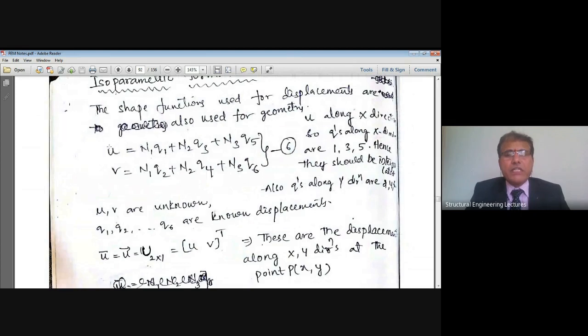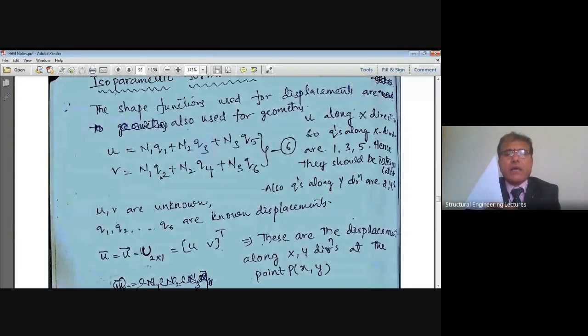Therefore, the displacement at an interior point P is now given by u as shape function N1 multiplied with its displacement degree of freedom, q1, right? Shape function N2 and corresponding to that the degree of freedom in x direction, q3, and the shape function N3 and its displacement in x direction, q5.